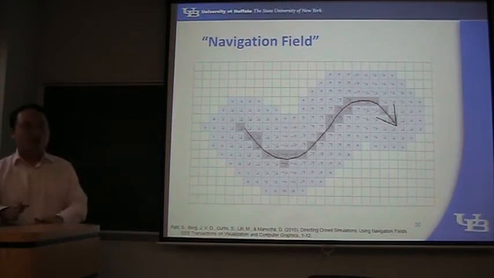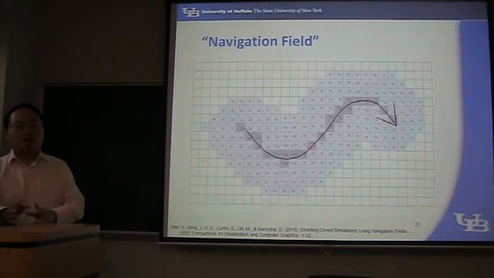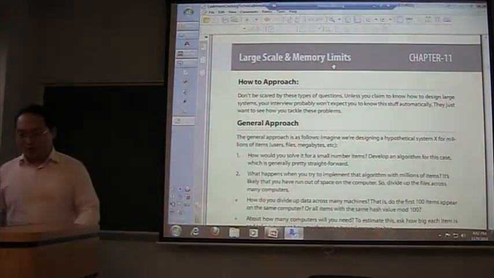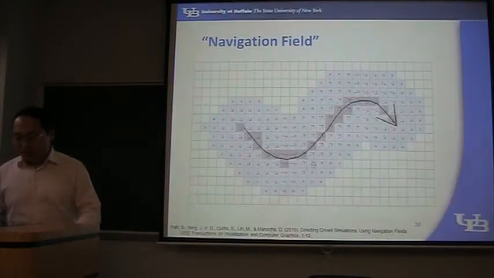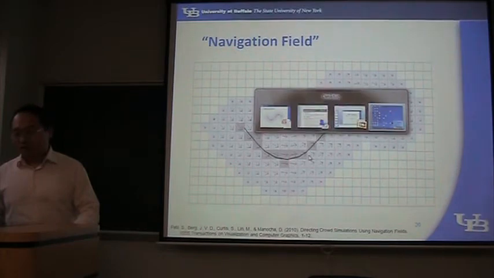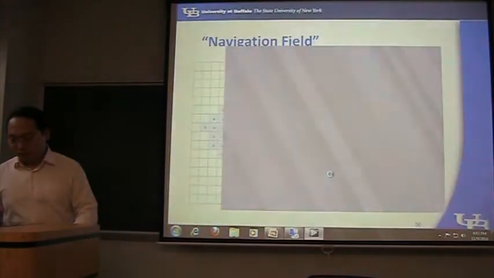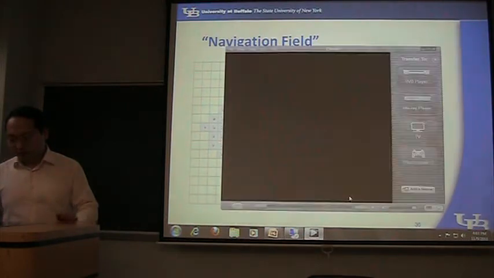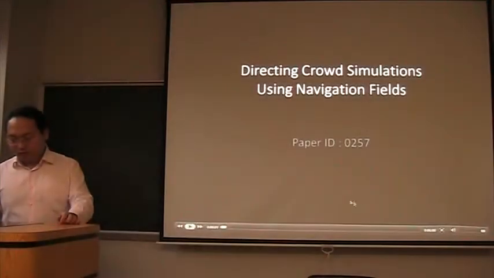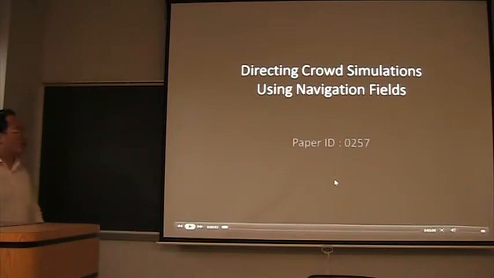When you are watching this video, don't pay too much attention to the technical details, but think about why we need it and when we need it. Let me repeat. The question will be, when do we need to simulate pedestrians? Okay, let's watch this together.